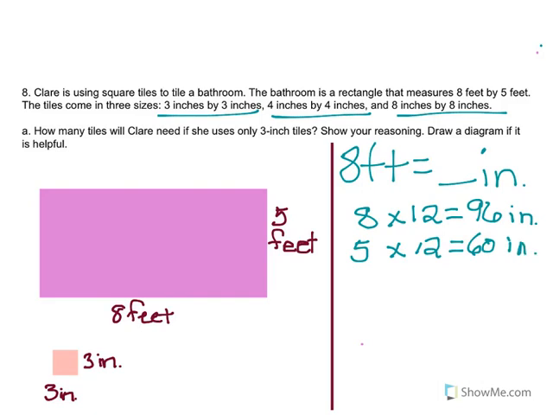Okay. So really, we've got 96 inches by 60 inches. Now, I'm going to do the same thing. Length times width. So I need to do 96 times 60.